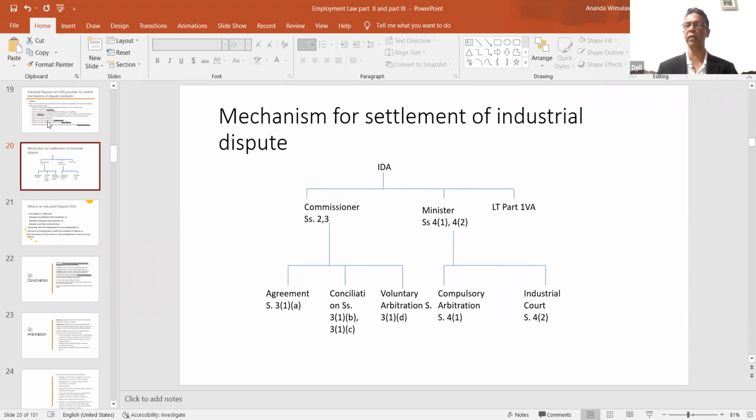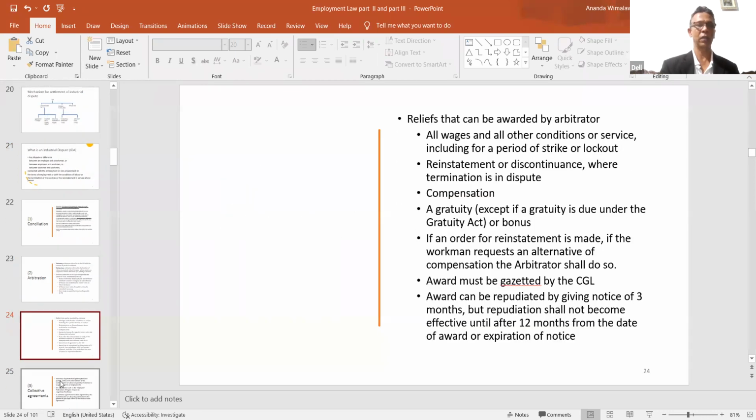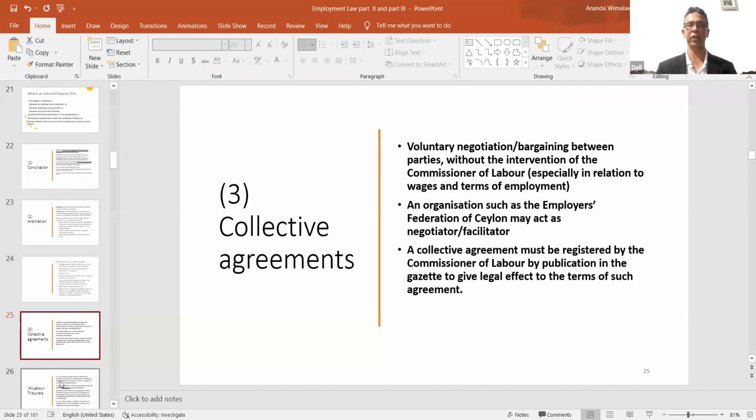What do we mean by agreement? It's a collective agreement. Now we discuss some provisions in relation to collective agreement. Okay, so the subtopic is collective agreements.